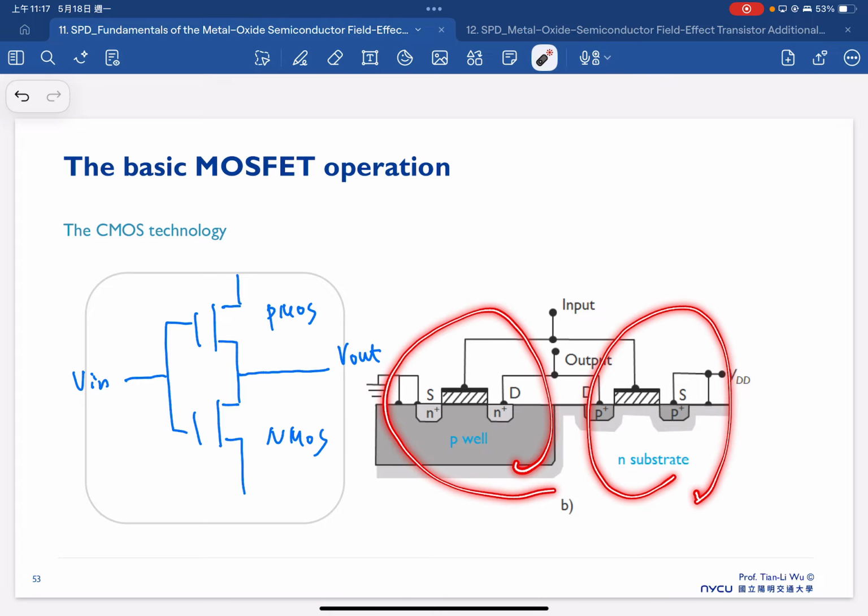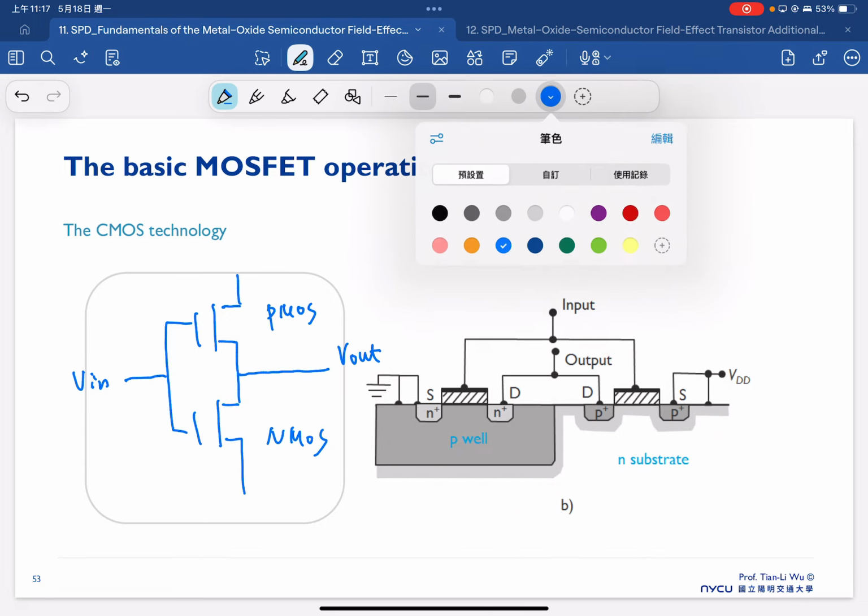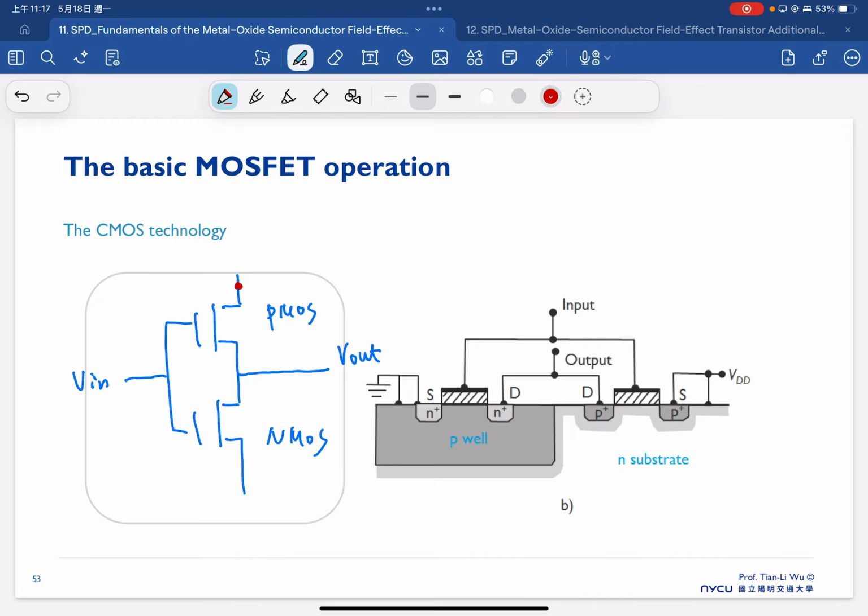In the PMOS, this is the source, gate, drain, and in the NMOS, this is the drain, gate, and source. By considering this structure, we are able to realize an inverter, where the typical logic function for the inverter is as follows.